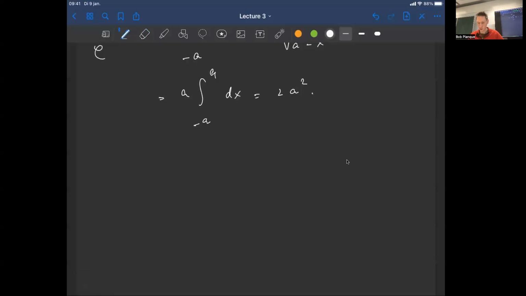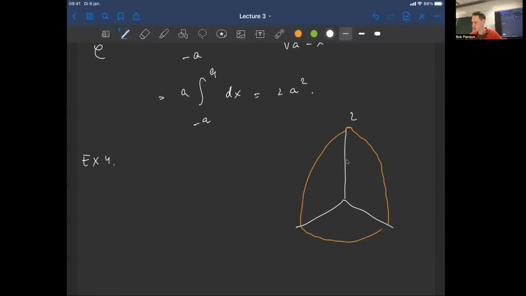Let me do a little more involved example. This is example 4. And here I have to paint a pretty picture. So I have this paraboloid in 3D, z equals 2 minus x squared minus y squared, in the first octant.